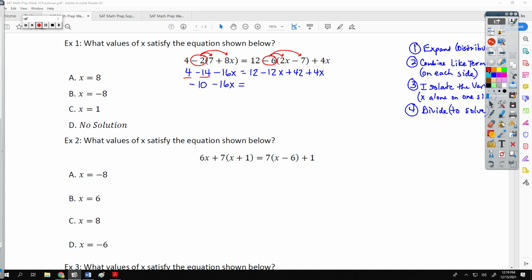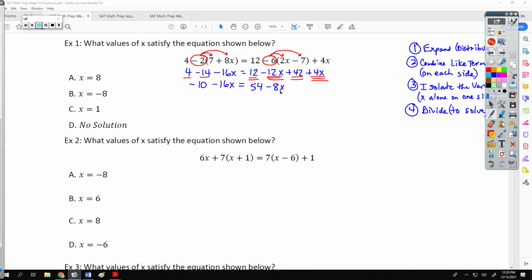Then we would turn our attention to the right side of the equation, which is 12 minus 12x plus 42 plus 4x. And we would look for like terms there, which we have 12 and 42, and negative 12x and positive 4x. So we would combine those like terms together. 12 plus 42 is 54. Negative 12x plus 4x is negative 8x.